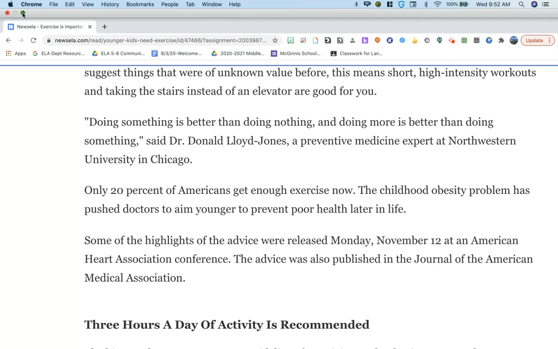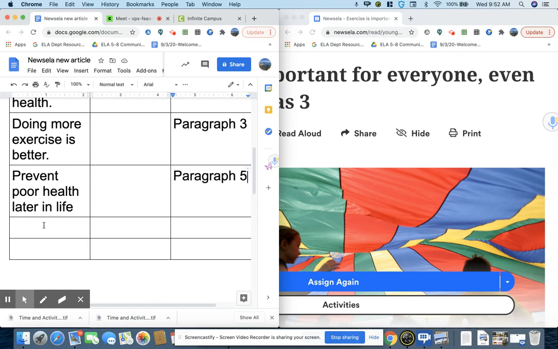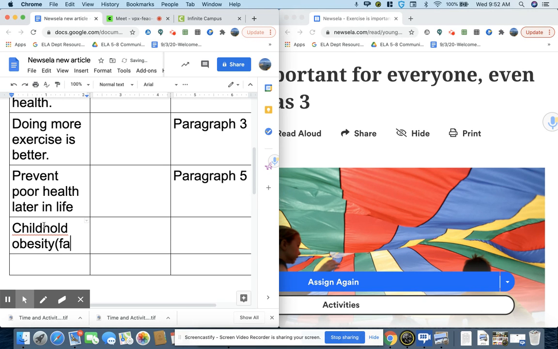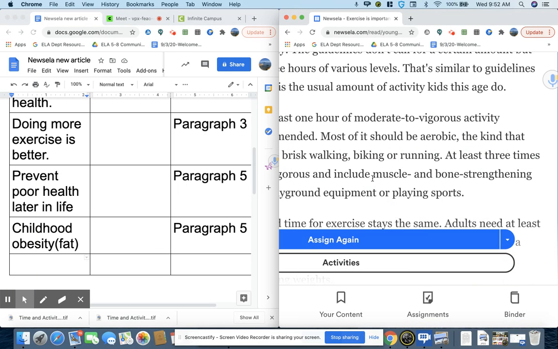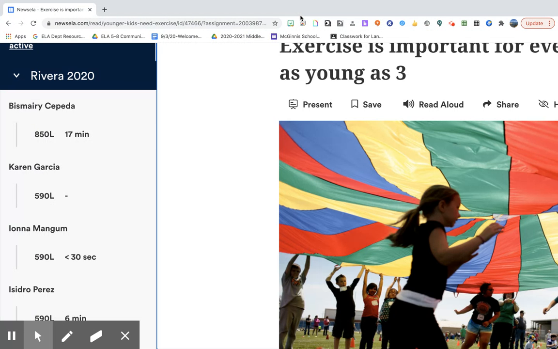Good. So childhood obesity. And the last one that is in the first sentence, which nobody has mentioned, yeah, exactly.